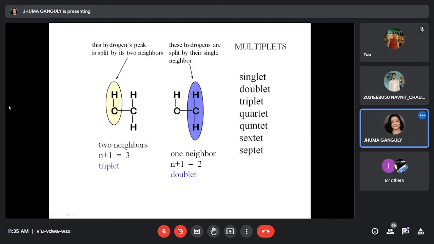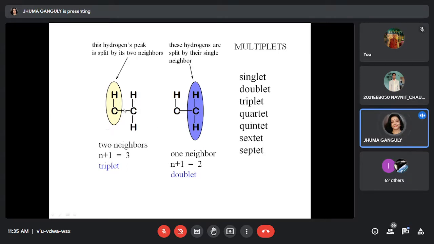Now, some calculation. This hydrogen is split by its two neighbors. So this hydrogen has two neighboring protons. In the n+1 rule, the small n represents the number of neighboring protons. So how many peaks in the splitting pattern? 2 protons, 2 plus 1 is equal to 3.